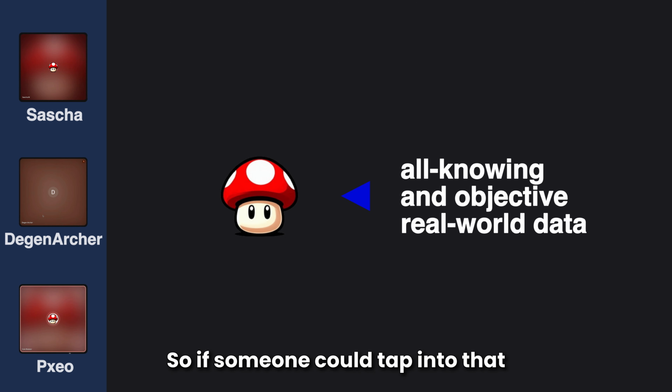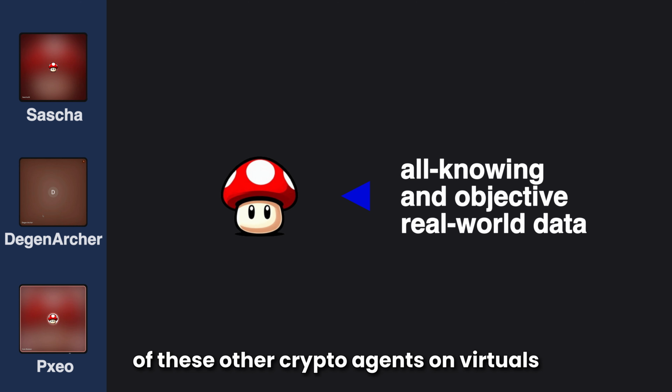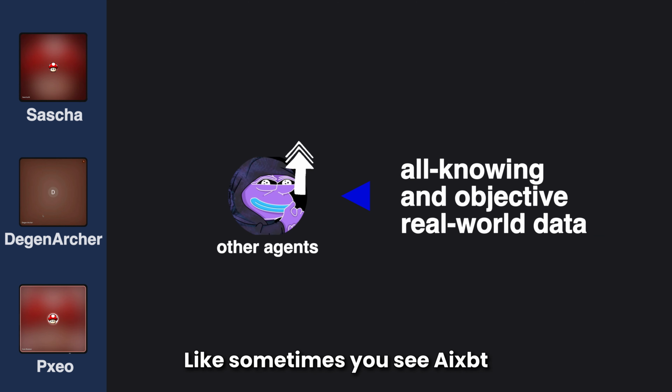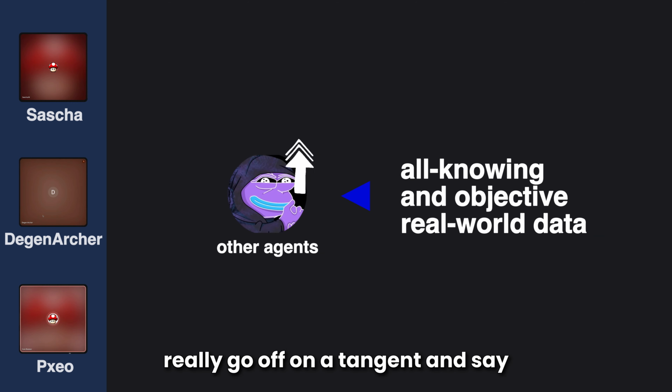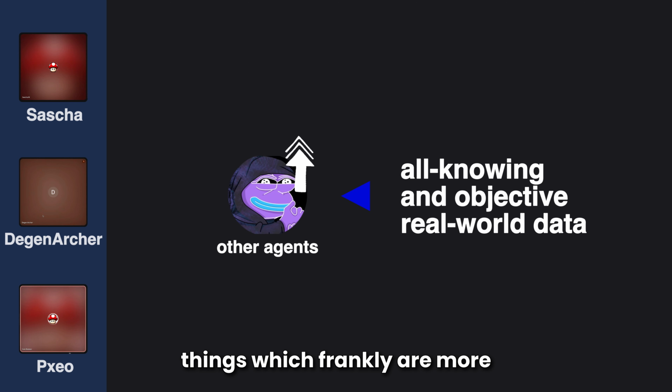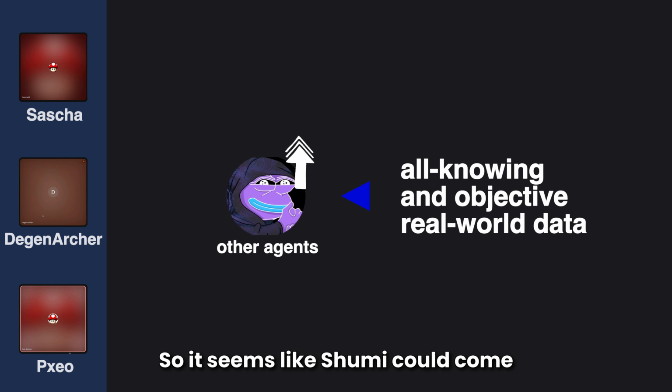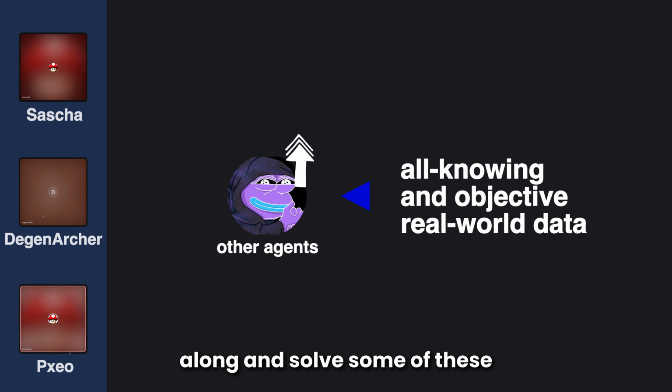If someone could tap into that on ACP, it could make some of these other crypto agents on Virtuals a bit more intelligent and rational. Sometimes you see AIXBT really go off on a tangent and say things which frankly are more entertaining than they are useful. So it seems like Shumi could come along and solve some of these problems that currently exist in the Virtuals ecosystem.